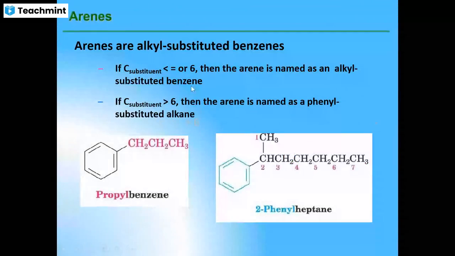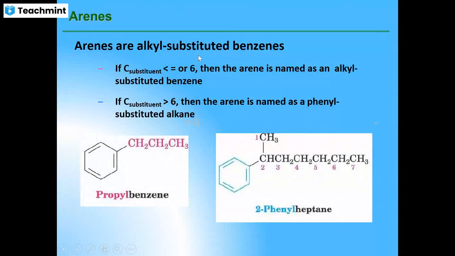Now the next one is arenes, which are alkyl substituted benzenes. Sometimes what will happen? In the first case, it is called propylbenzene. CH2, CH2, CH3 means a propyl group is present on the benzene ring. One carbon of the benzene ring is attached to the propyl group. This is a monosubstituent, no problem.